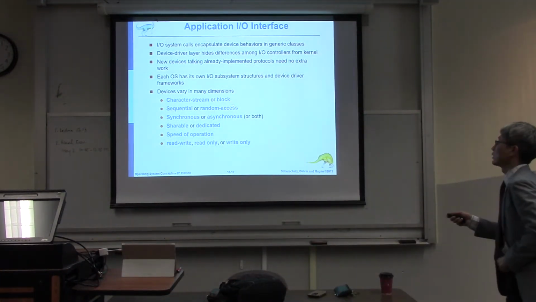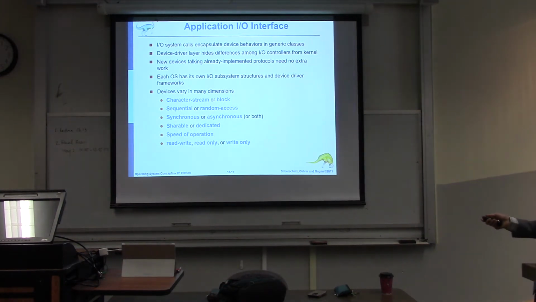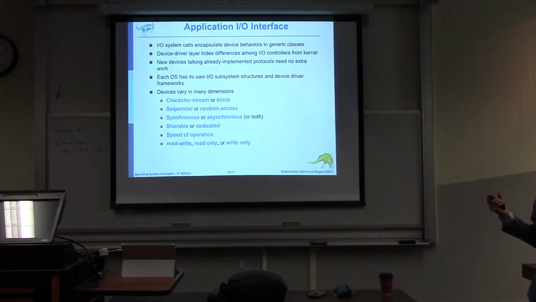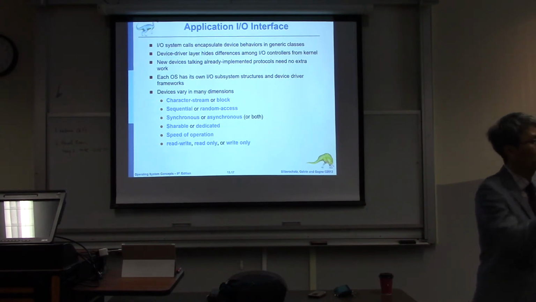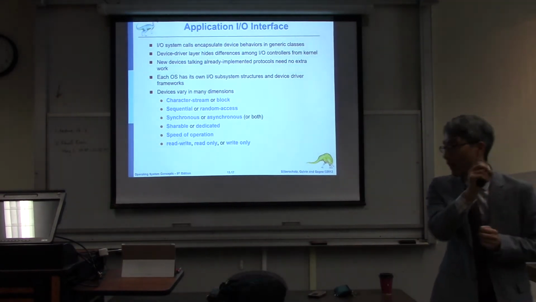Or at the low level, it's block by block. Or when you access the data, especially on the hard disk drive, such file data can be sequential or random access. Depending on the characteristics of the access type, it may be different. Synchronous or asynchronous: synchronous sends the data and confirms, and then the next block or next bit or byte will be sent.